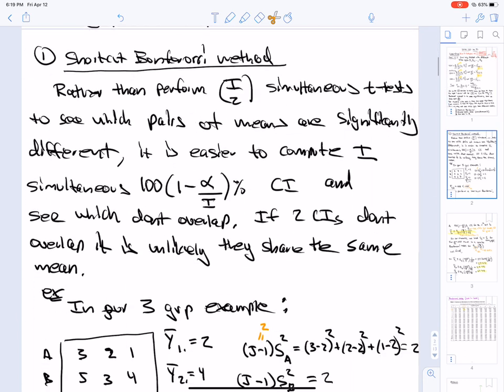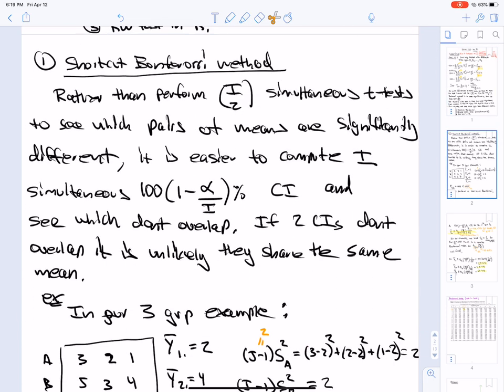So the shortcut Bonferroni is what we're going to do. Instead of doing I choose 2 simultaneous t-tests, we're going to make I 100(1 minus alpha over I)% confidence intervals, and just eyeball them.